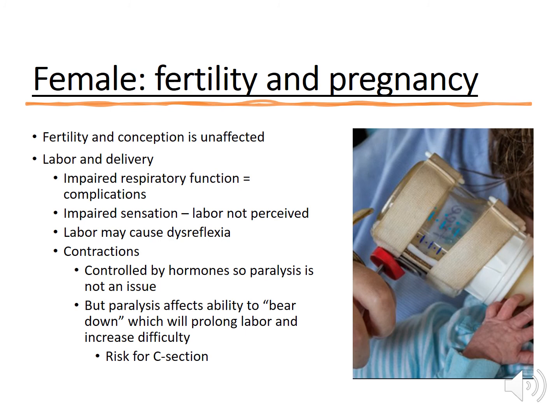So paralysis is not going to be an issue when it comes to contractions. But paralysis does affect the ability to bear down, which will prolong labor and increase difficulty. So these patients are at risk for having to have a C-section.